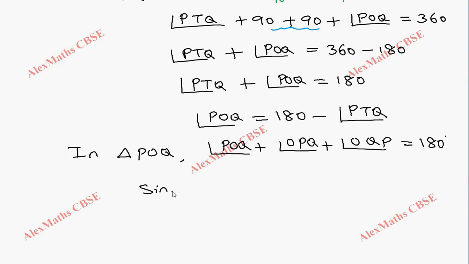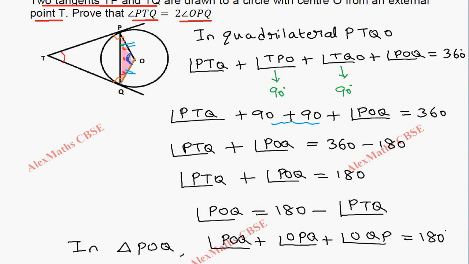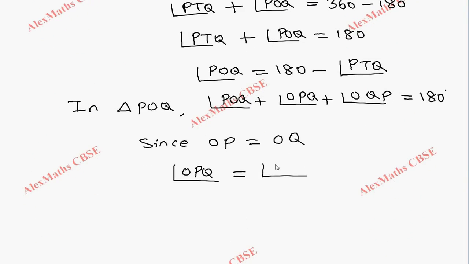Since OP is equal to OQ, this angle OPQ is equal to, that is, from the diagram, angle OPQ is equal to OQP. Now, in place of this OQP, we can also substitute OPQ.